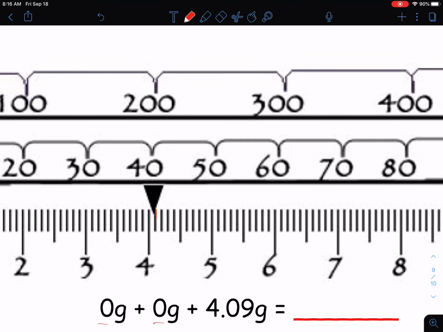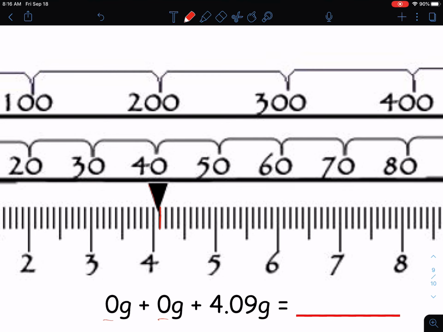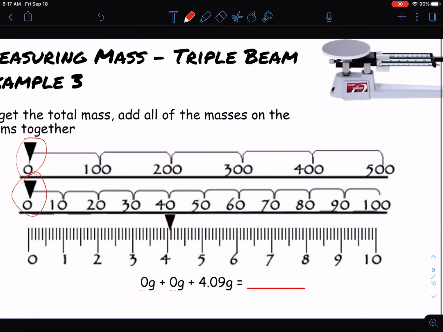Here is the mark, and it looks like this triangle mark is slightly before the line. Because it's slightly before that 0.1 line, I'm saying it is 4.09. Could you say 4.08 grams? Yes, again, I would mark that correct. Remember, you get a little bit of playroom there.